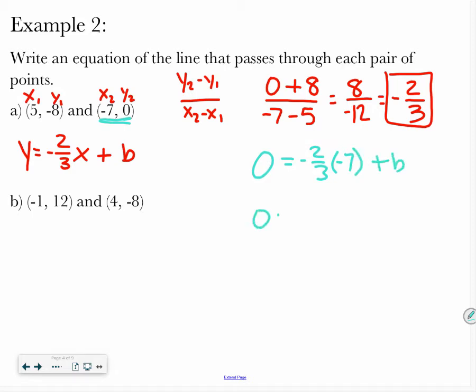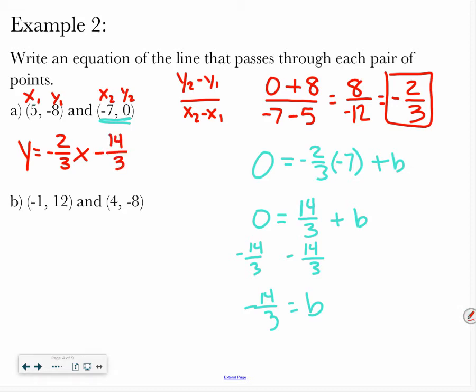The negative 7 becomes positive because a negative times a negative is positive, so 0 equals 14/3 plus b. In order to get b by itself, I have to subtract 14/3 from both sides. So I have negative 14/3 equals b. Then I can go back and change from plus b to minus 14/3.